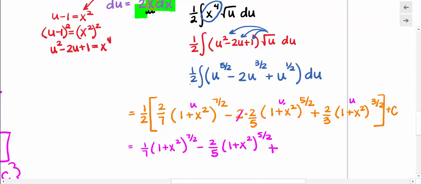And again, don't forget you're distributing that half, so this becomes 1/3, 1 plus x squared to the 3/2, and plus c. Again, you don't have to distribute that half in. That's entirely up to you.